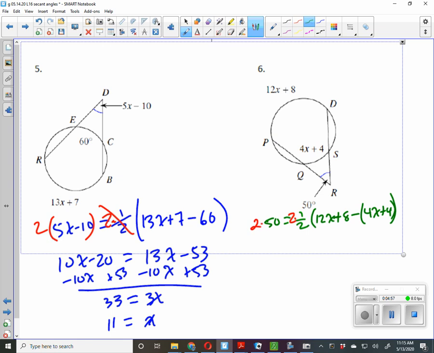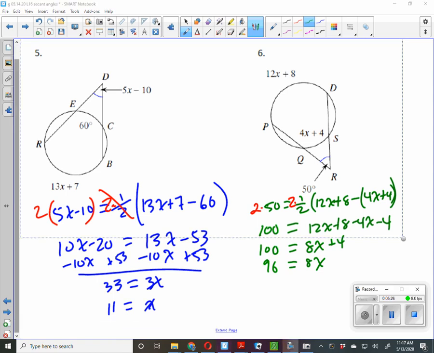That's going to give me 100 equals 12x plus 8 minus 4x minus 4. 100 equals 8x plus 4. 96 equals 8x. Divide by 8 and we get x is equal to 12. And we can go back and check to see if that all makes sense, but that's the general concept of what we're working with today.